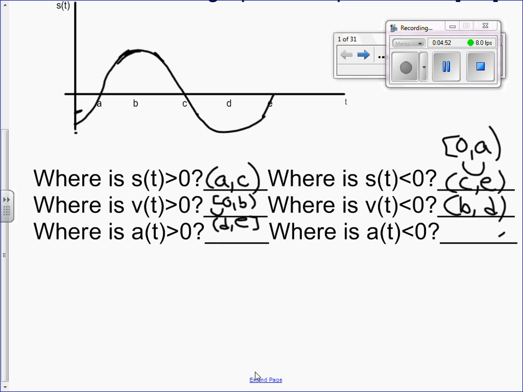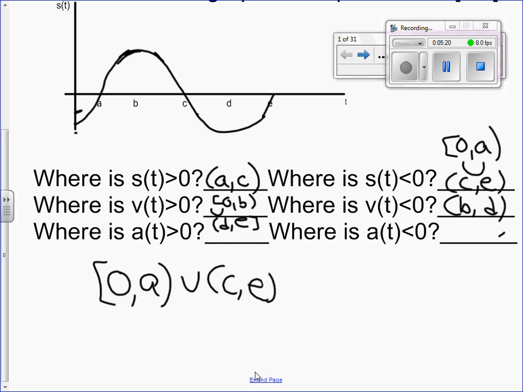C to E, definitely. Anywhere else? 0 to A. I don't even know if I want to include that 0 because you can't really tell. I guess I will. I can, so why not?